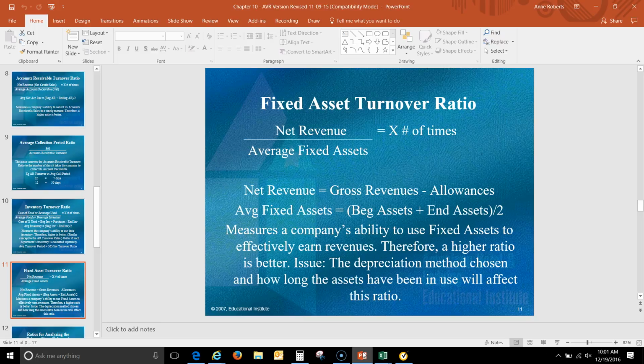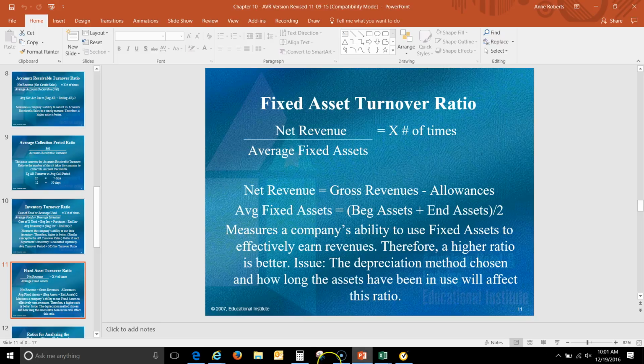So again, higher ratio is better, because that means we're producing more revenue dollars for every dollar in fixed assets. What's the lowest that this ratio can go? 0. And how high can it go? Infinity, right?